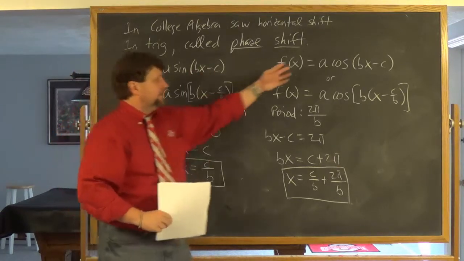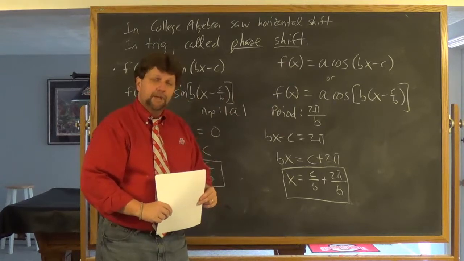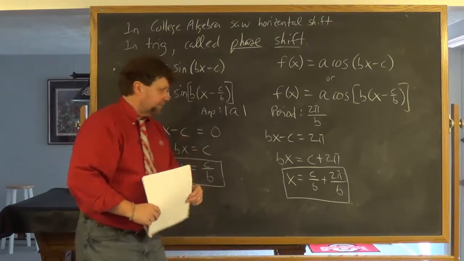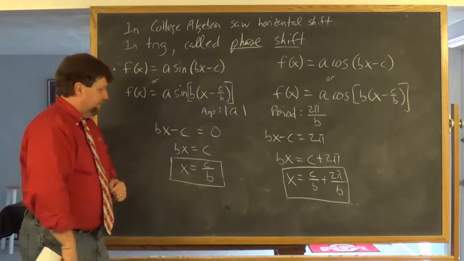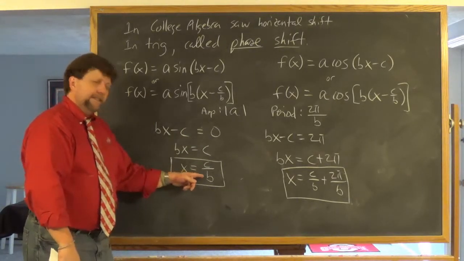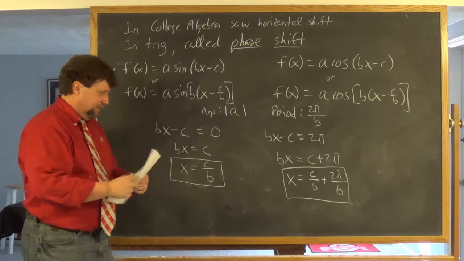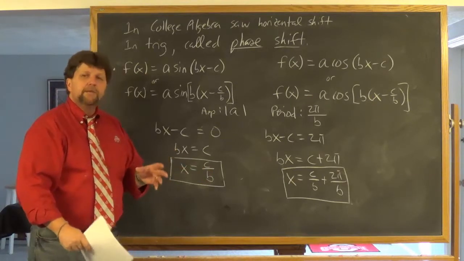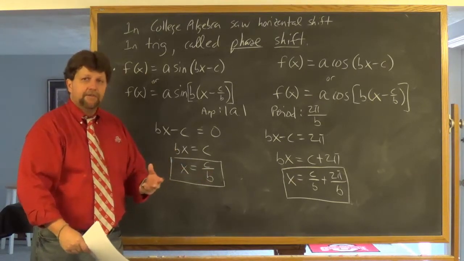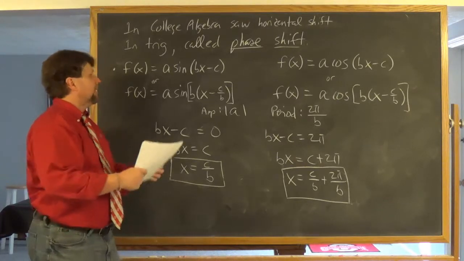That's the right endpoint of one complete period, of one cycle. So I do have to point out this c over b actually has a name. This number c over b, whatever that number is, that's what's called the phase shift. That is the number that gives the phase shift of the graph.